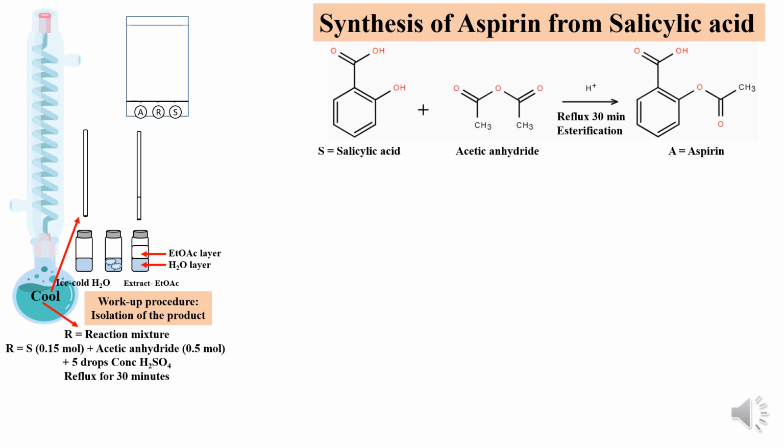Now labeling of the marked spots is very much essential, as you should know what component you applied on the baseline. Here A stands for aspirin, R for reaction mixture, S for the starting material, that is salicylic acid.